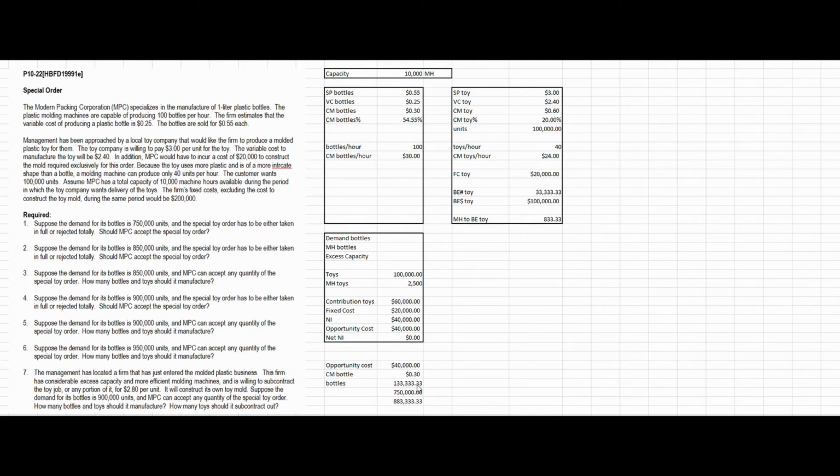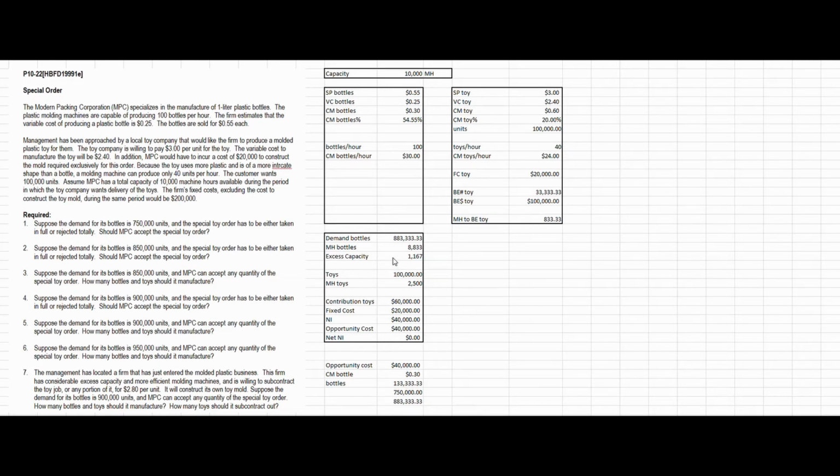Well, if it's 133,333.33 bottles I can't make, then what is the level of demand at which I would be indifferent to accepting the special order? It'd be 883,333.33. 883,333.3 bottles will consume 8,833 machine hours to meet that demand.